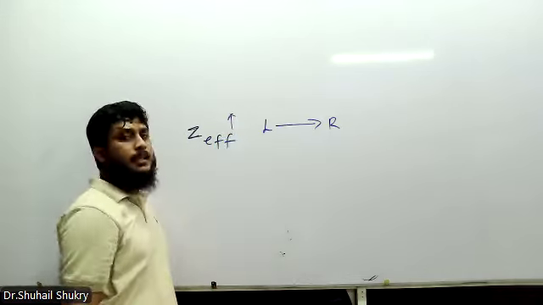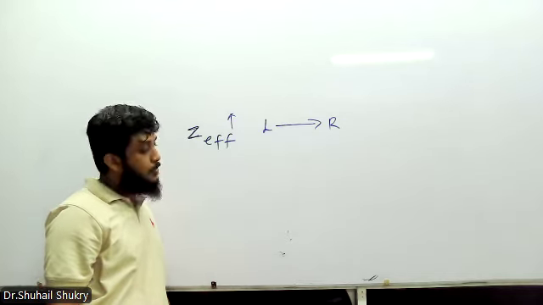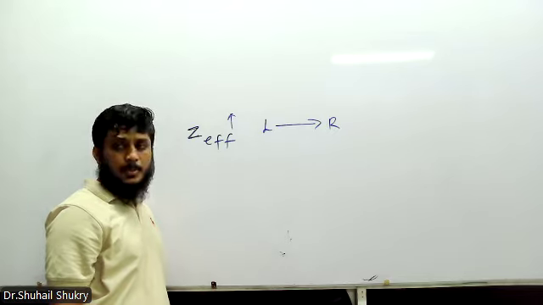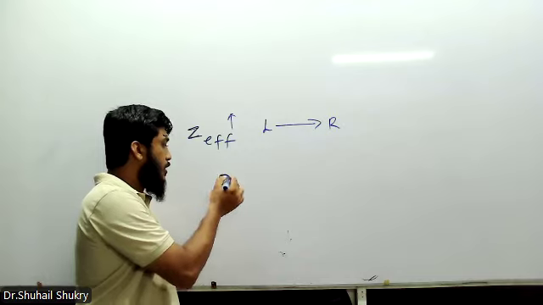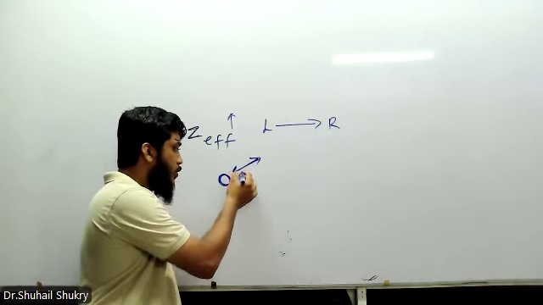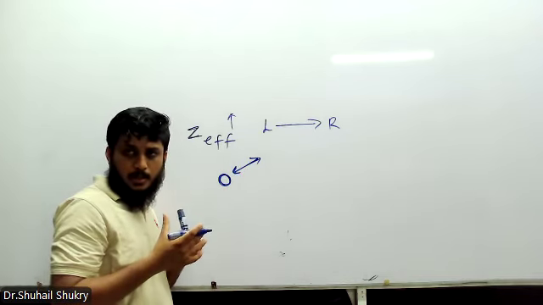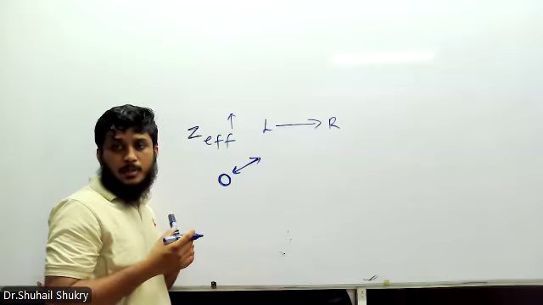It will increase when you are going from left to right. When the effective nuclear charge increases, the nucleus will pull the electrons closer to it.